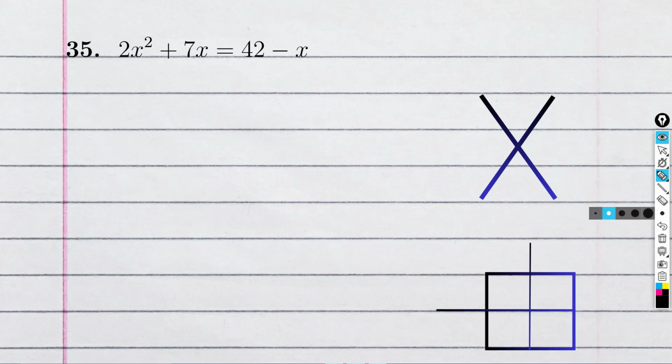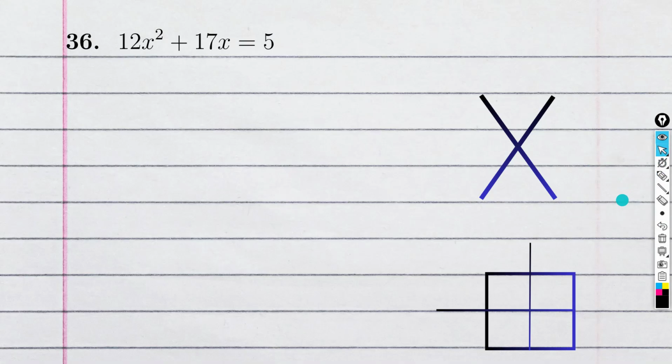So let's go ahead and look at number 36. And again, we don't have everything on the same side. So step 1 is to move the 5 over to the left-hand side by changing its sign.